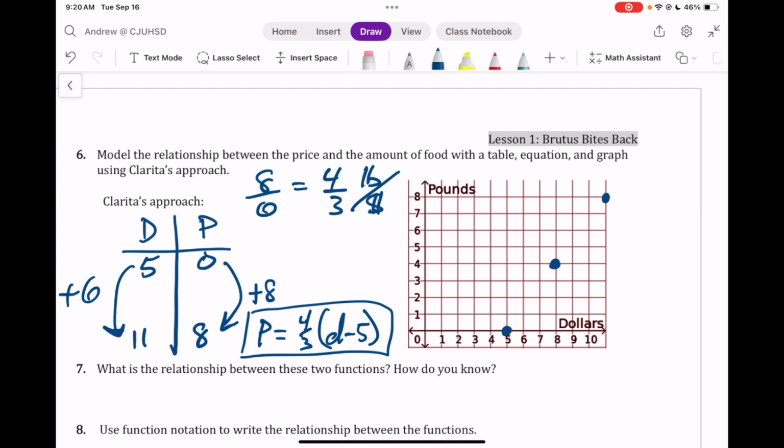So her line is looking like this one. Again, what is the relationship between the functions? They are inverses. They undo each other. The inputs and the outputs have been changed.